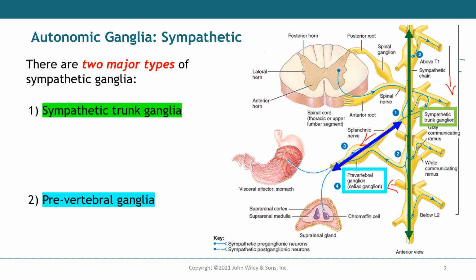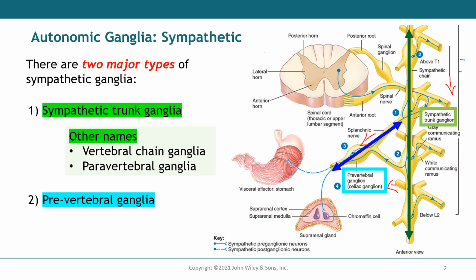You will also find in books, and even in your textbook, that other names for the sympathetic trunk ganglia can be vertebral chain ganglia or paravertebral ganglia. On the other hand, an additional name for the prevertebral ganglia is collateral ganglia.